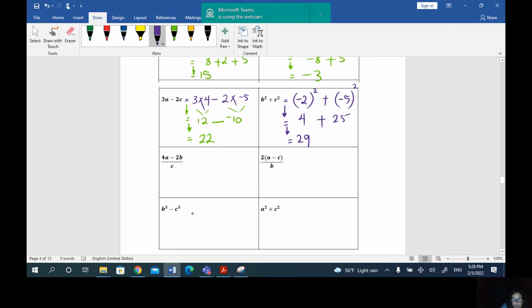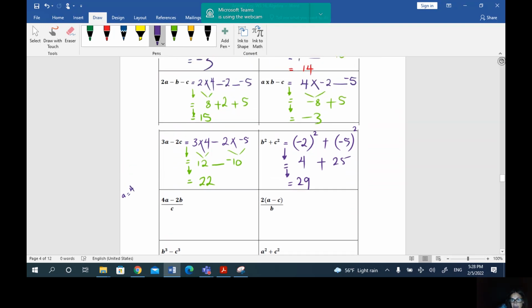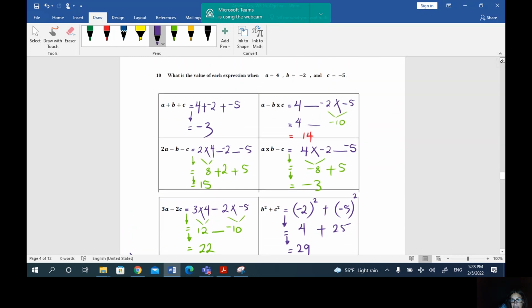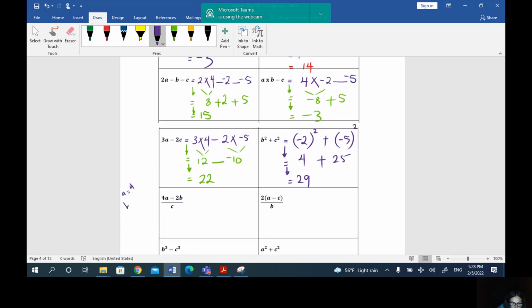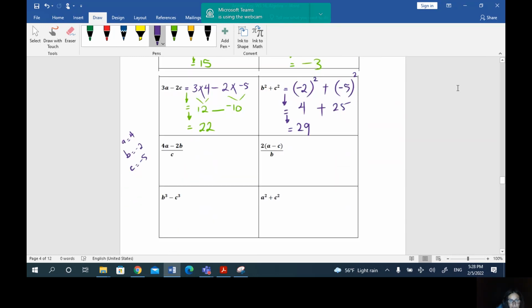4a minus 2b over c. We said a is equal to 4, if I'm not mistaken. A is equal to 4 and then b is equal to -2 and c is equal to -5, just because I can't see it up there and I just don't want to make any mistake.